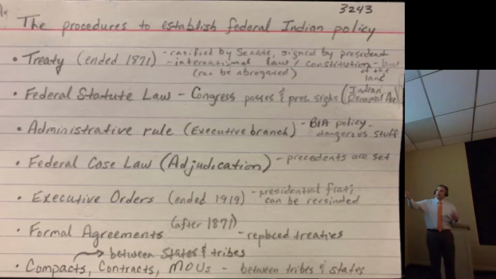Anyway, those administrative rules, the BIA and other federal agencies can create rules that are essentially analogous to statute law or to treaties, but of course they are subject to change whenever a new administration comes in.